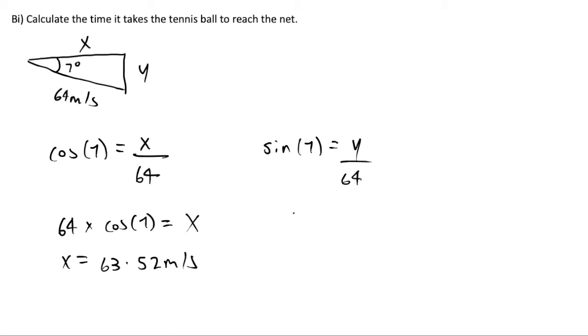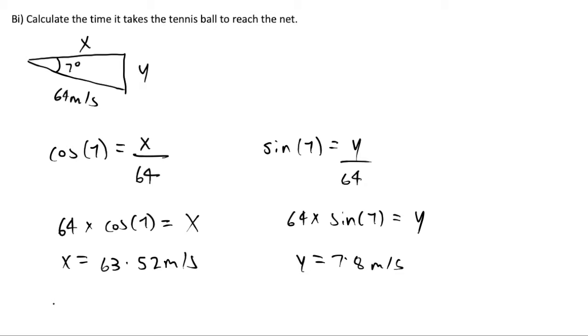We solve this. 64 multiplied into sine of 7 gives us the vertical velocity. So the vertical velocity is equal to 64 into the sine of 7, 7.8 meters per second. Now this is for future, so let's leave the vertical velocity. Let's look at the horizontal velocity.